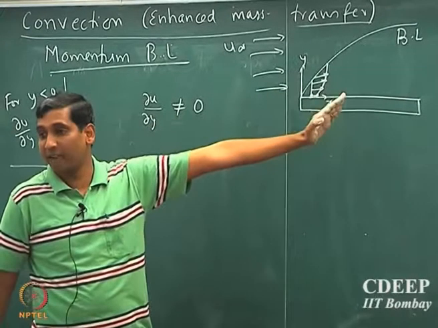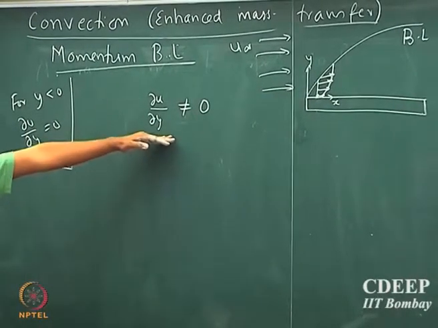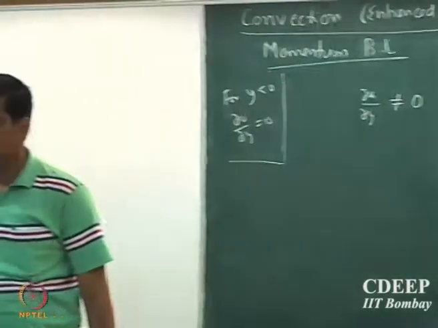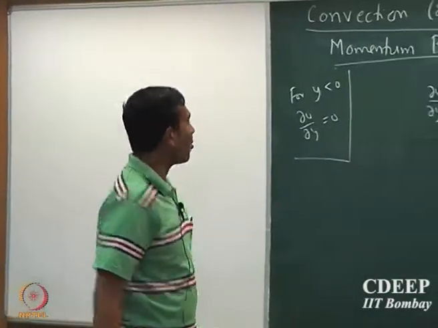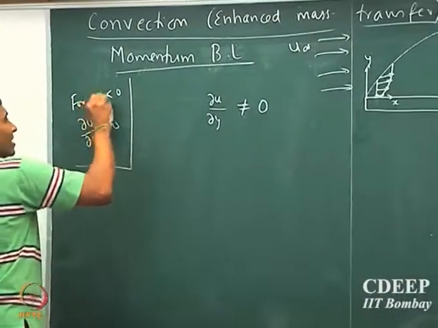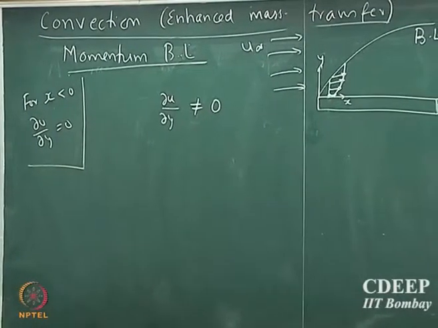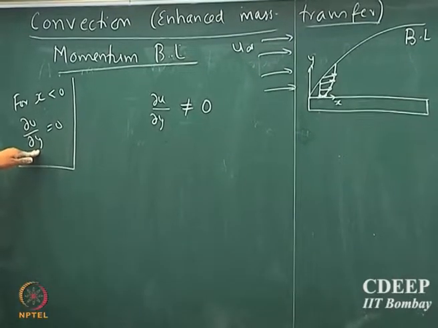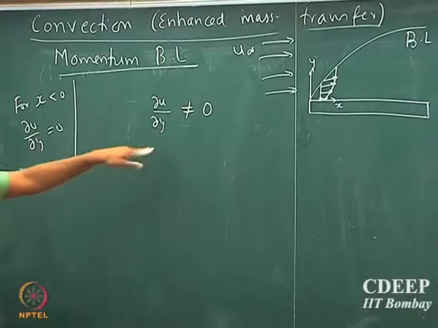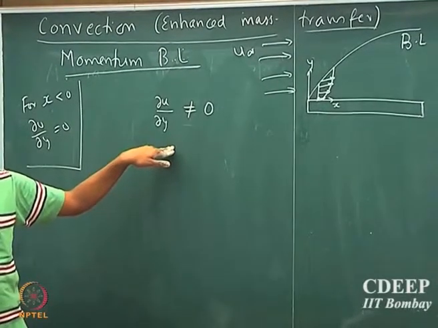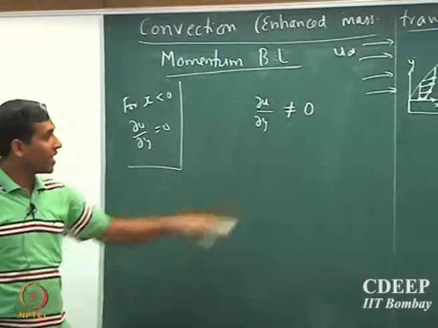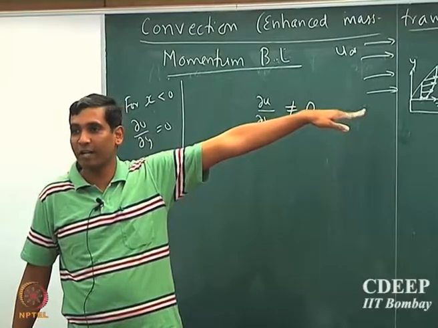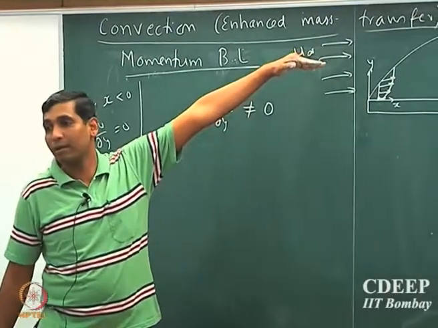But as soon as it sees the flat plate, when x is greater than 0, there is going to be a finite gradient. That is because the fluid particles at the surface have come to rest, and because of continuity, they retard the fluid particles above it.